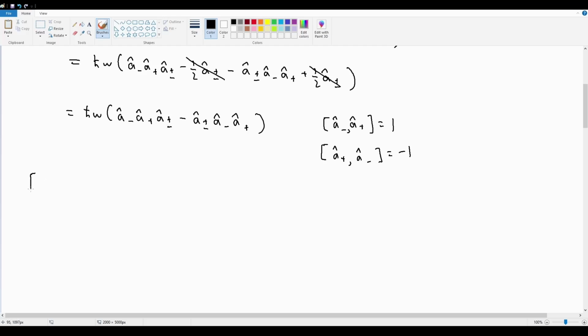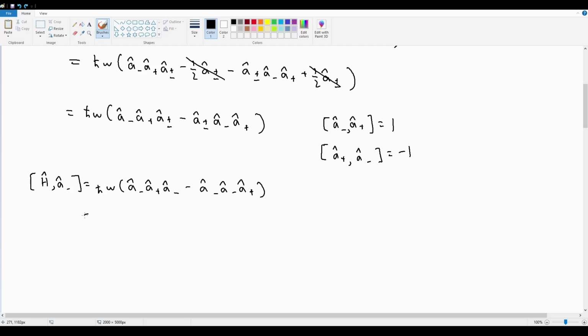So what I'm going to say is, okay, ĥâ₋ is going to give us ħω(â₋â₊â₋ − â₋â₋â₊), in which case I can recognize there's an â₋ at the front in both cases.